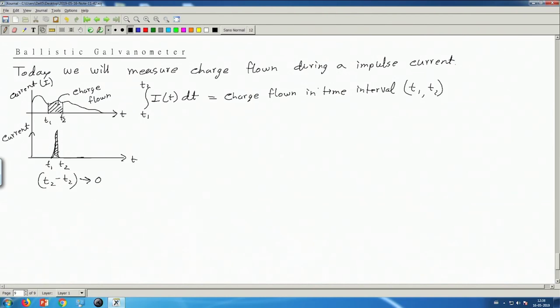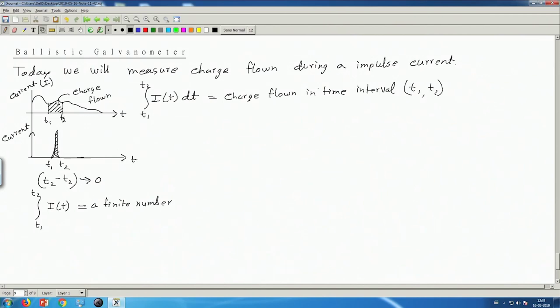But if we perform the integration within this time, the integration of this current I(t), this should be a finite number. That means the amount of charge that flows within this time is not 0.